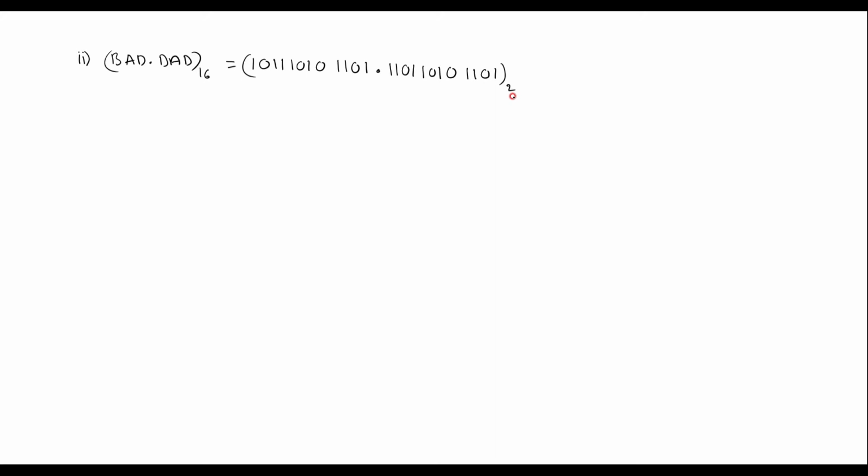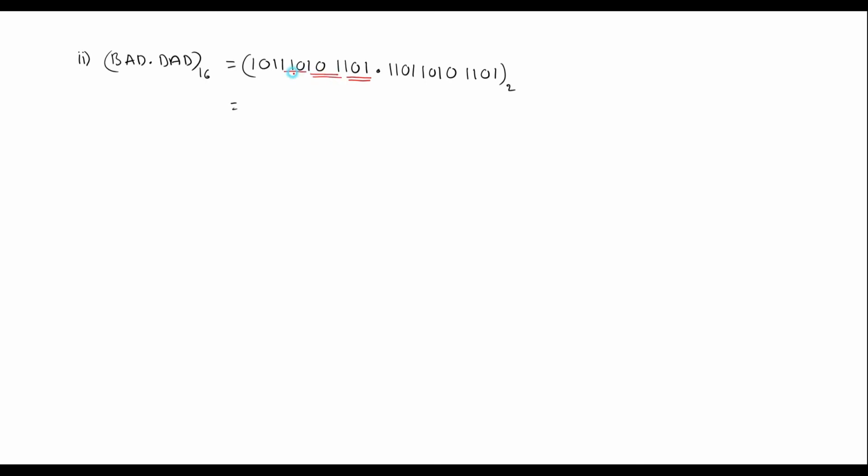Now we'll convert from binary into octal. So we know that to convert binary into octal, we are supposed to do the grouping of 3 bits from the decimal point. So here we have decimal point. So this is the first group having 3 bits. This is second group having 3 bits.